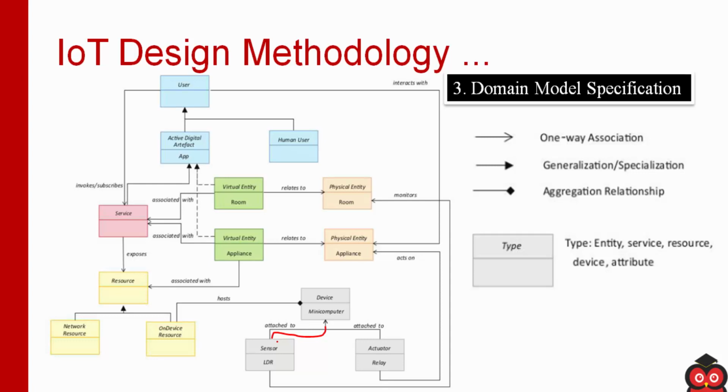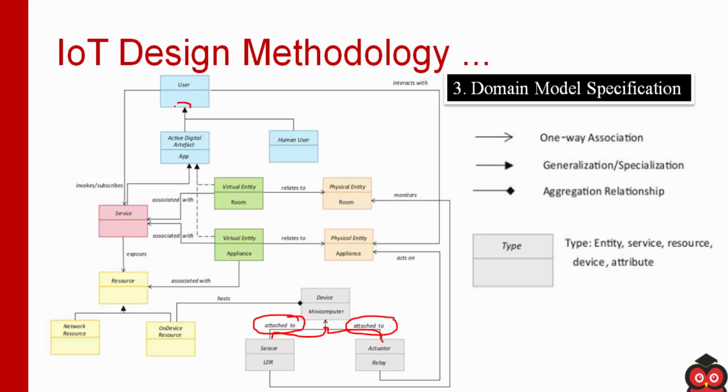So in this example, sensor is associated with device and the relationship name is attached to. So this LDR sensor is attached to Raspberry Pi, the device we are using. Similarly, this actuator is also associated with Raspberry Pi. What is the relationship? Attached to.